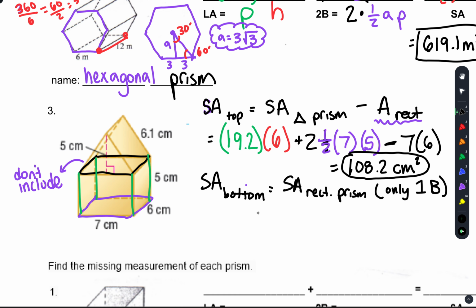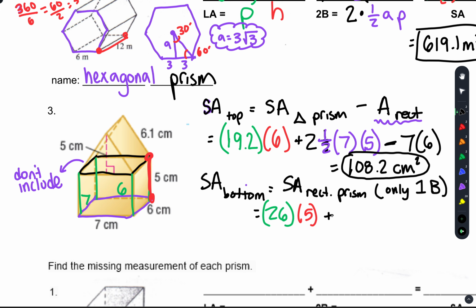Okay, so let's do that. So surface area, again, perimeter times height. The perimeter of that base, 6 plus 7 plus 6 plus 7, is 26. The height is the distance between the two bases. So the distance between the two bases there is a 5.